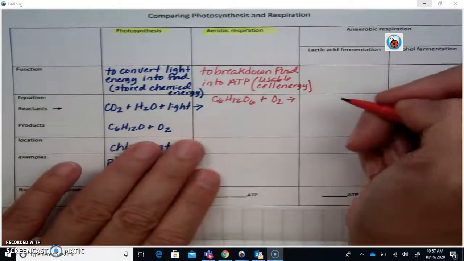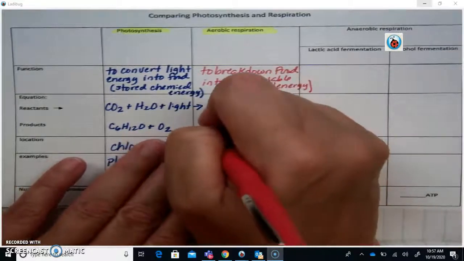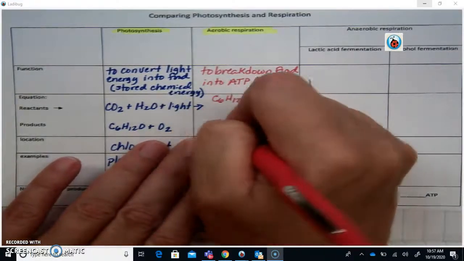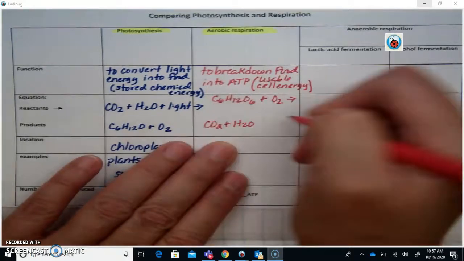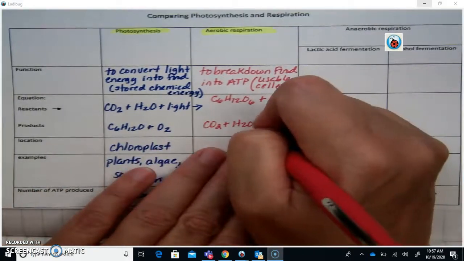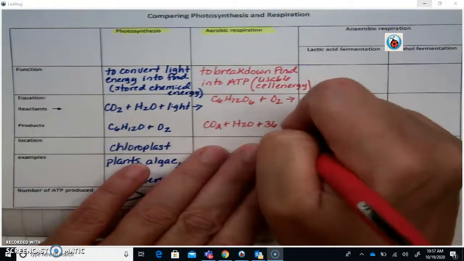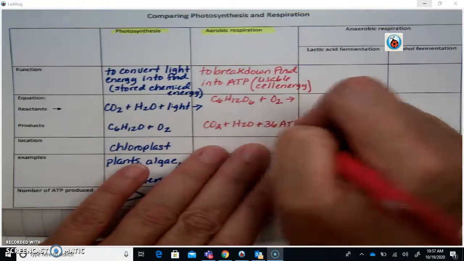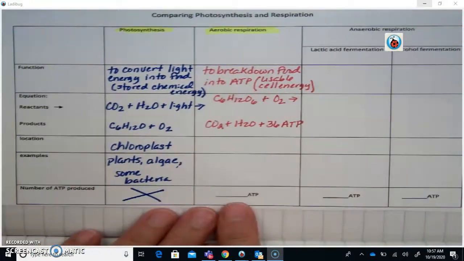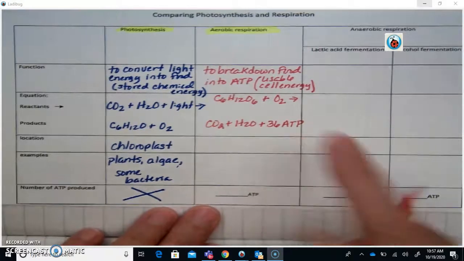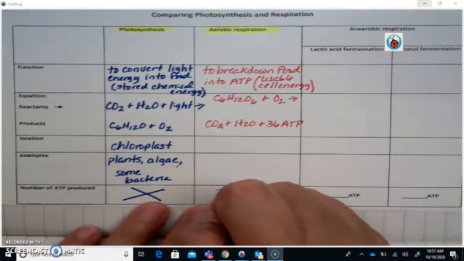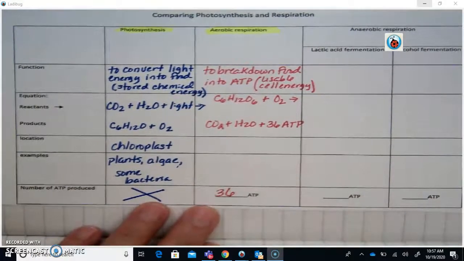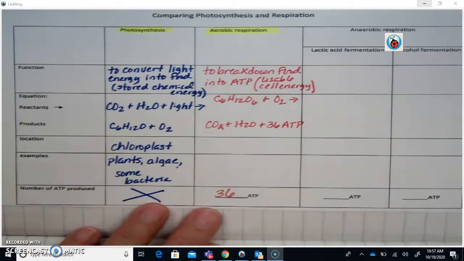And it gets broken down, so the products are carbon dioxide, water, and a whole bunch of ATPs, 36 ATPs. So again, as far as the number of ATPs that are getting produced, we're going to have a huge number, 36. 36 ATPs produced in aerobic respiration.